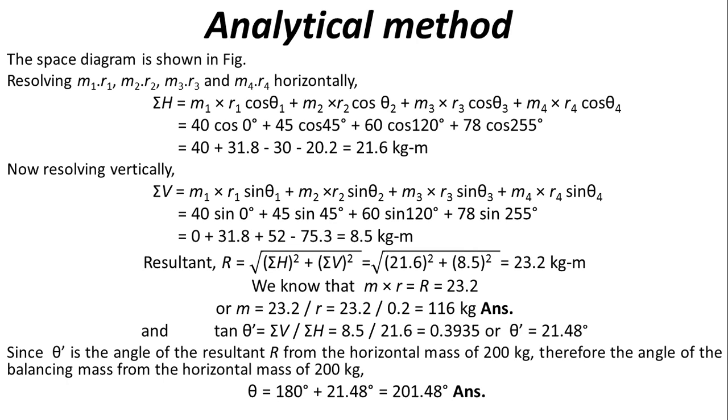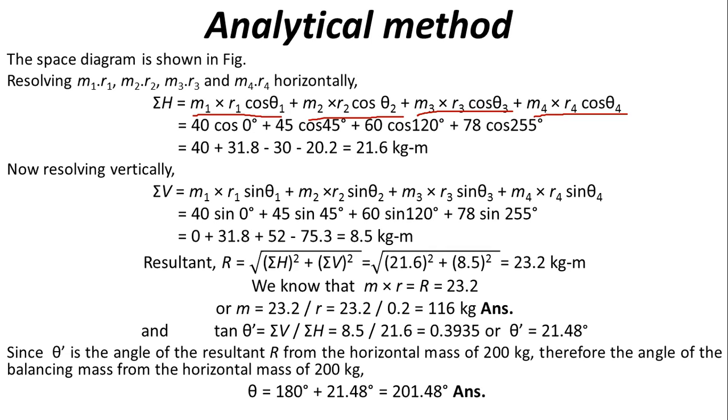So the space diagram you have seen. The summation of horizontal forces is m1 into r1 cos theta 1 plus m2 into r2 into cos theta 2 plus m3 into r3 into cos theta 3 plus m4 into r4 cos theta 4. Okay, so you know the masses m1, m2, m3, m4. You know all four angles theta 1, theta 2, theta 3 and theta 4.